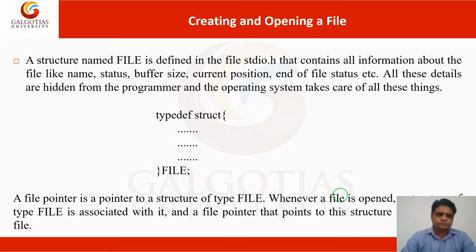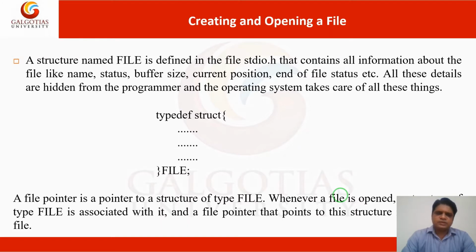The structure you know very well, which has typedef, struct, and the last one is FILE. Whenever we create a file, one file pointer is created, and this pointer will point to the file operations, like opening a file.